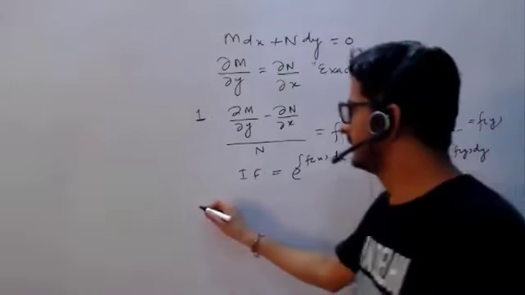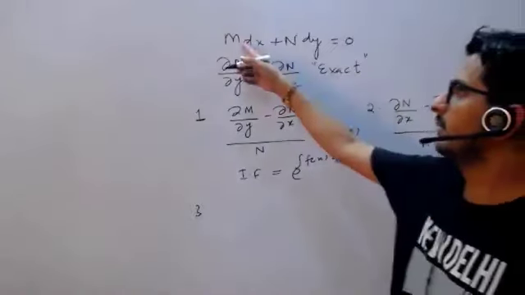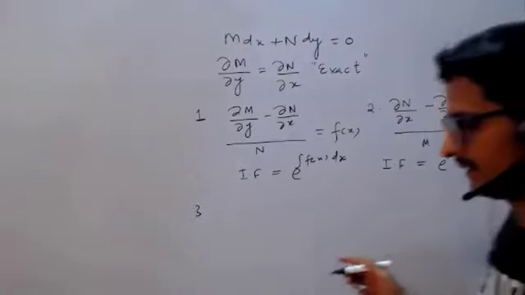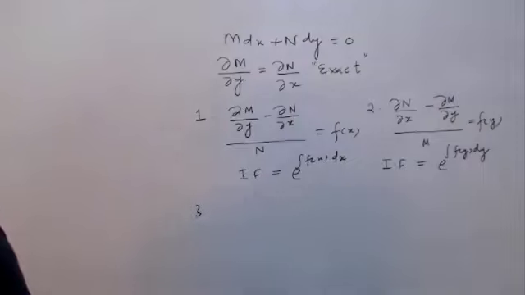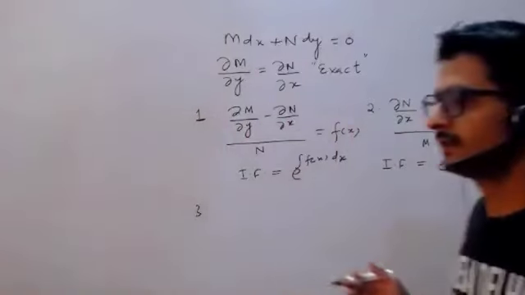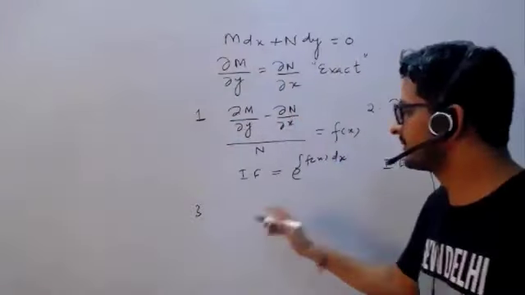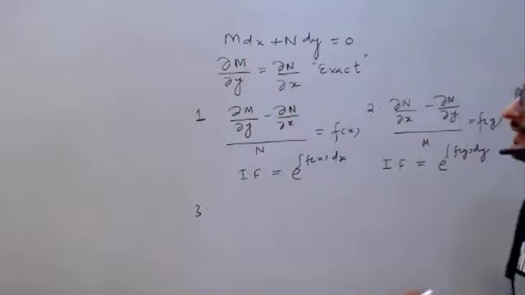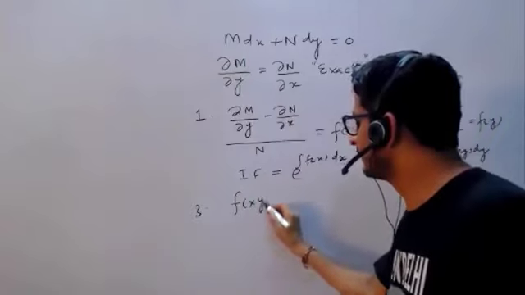And the third case is that if our equation can be written as, we have to take common, some function of xy, I mean M and N become functions of xy.